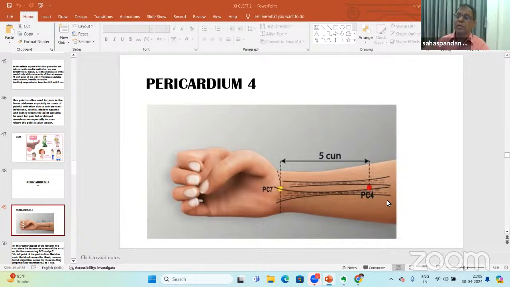Calm the shen. And how to needle this point?